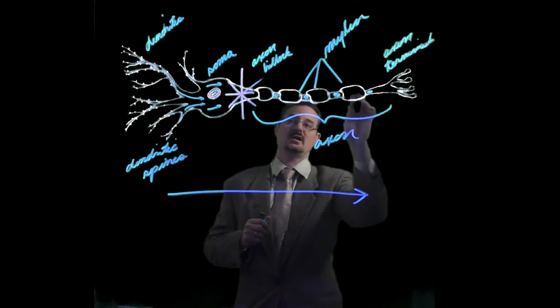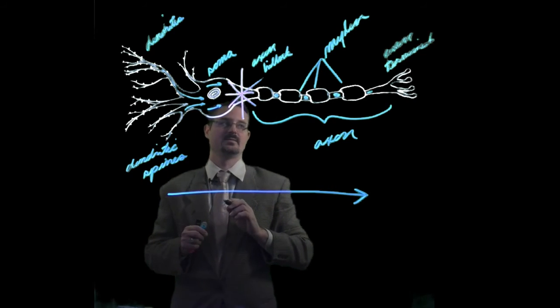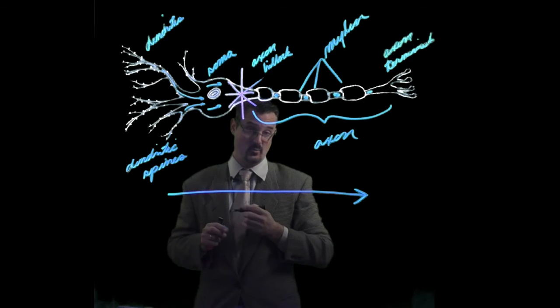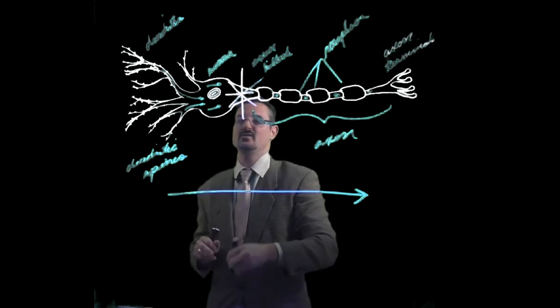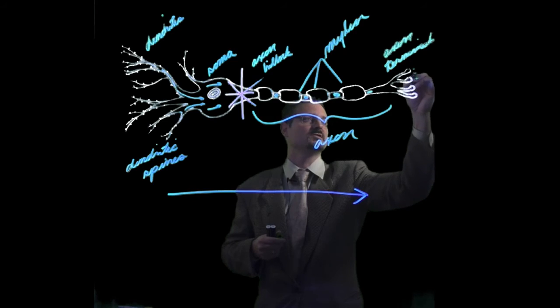It's the area where the action potential is actually conducted from the axon hillock all the way to the axon terminals. And then finally, we have the axon terminals, which are going to be the output zone. And at the axon terminals, that's where we find the release of neurotransmitter into the synapse.